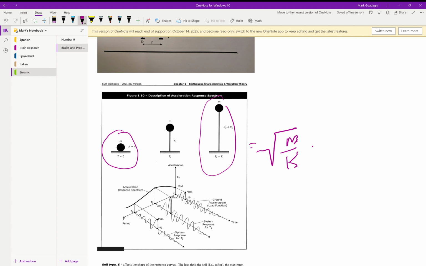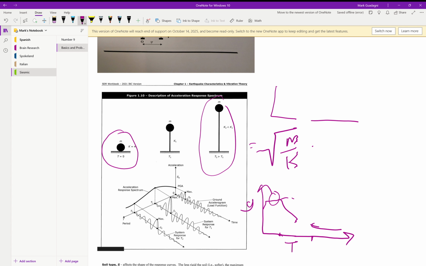So depending on your building, it'll have a different response coefficient, and the earthquake has a plot of the magnitude of acceleration and time, and depending on where your building lies, whether it's a short period or a long period, determines which you use.